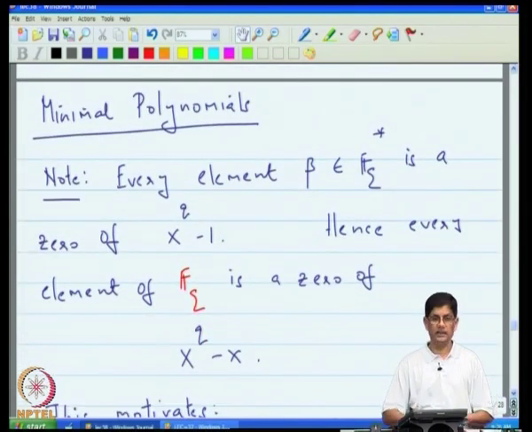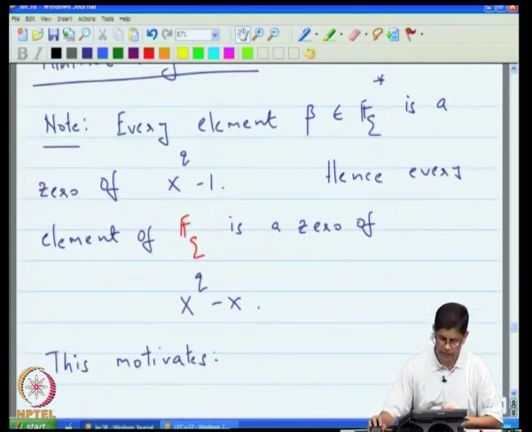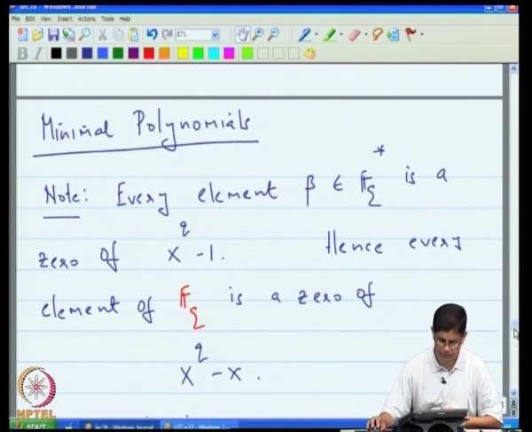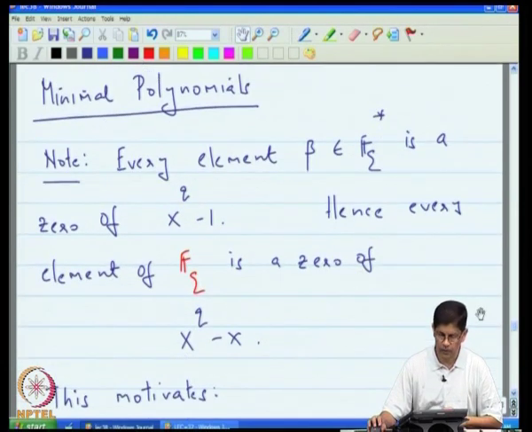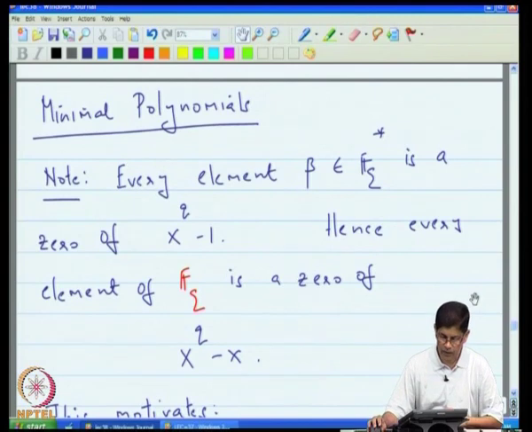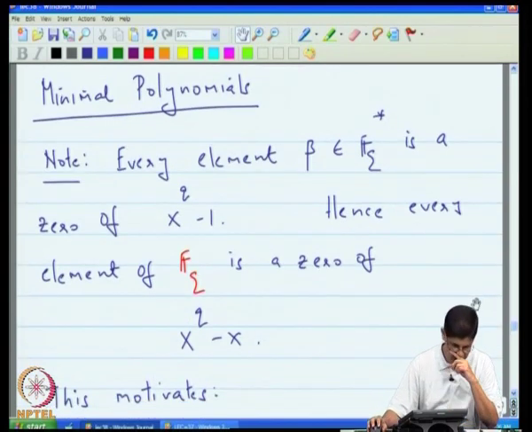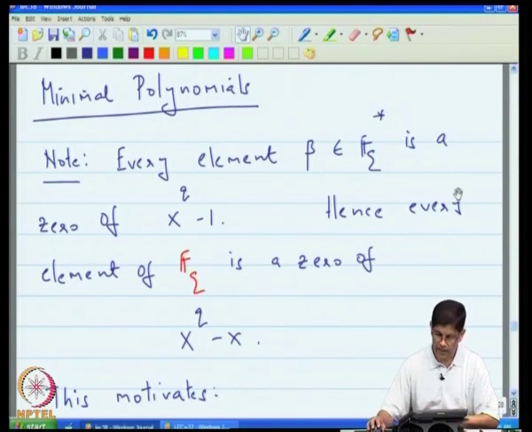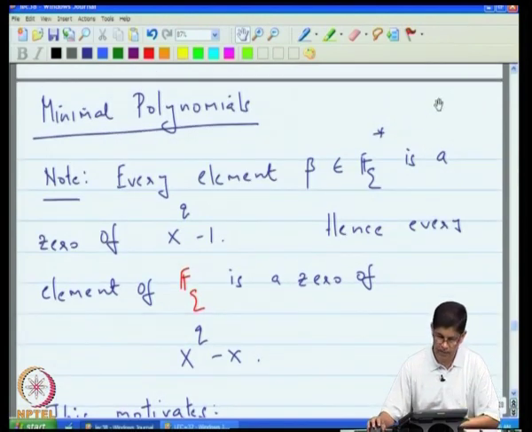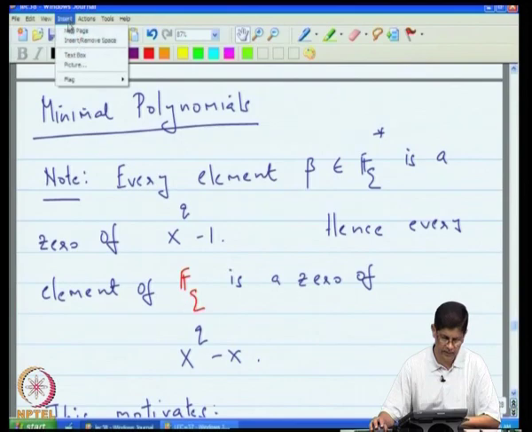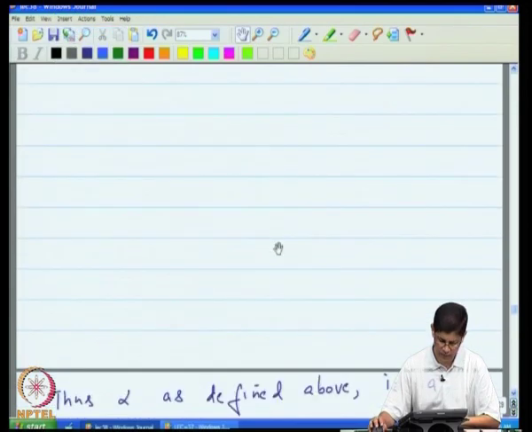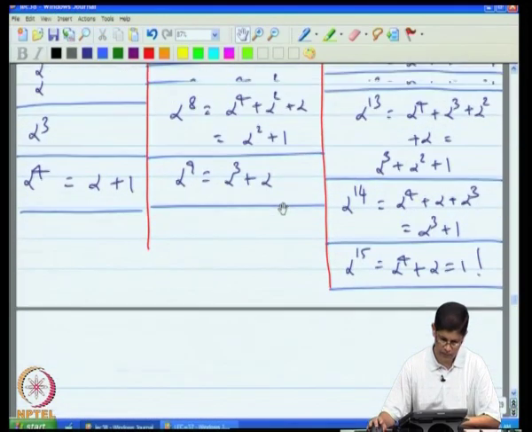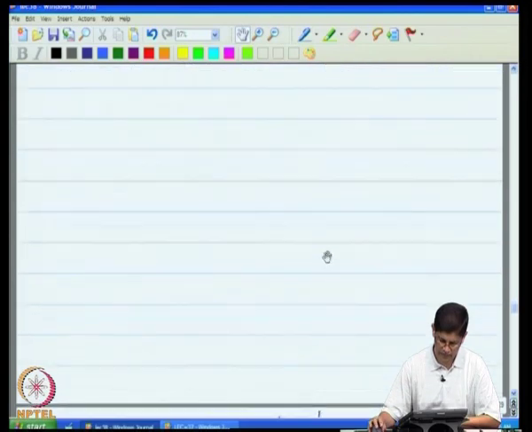Next, now that we have built up this simple picture of the non-zero elements in the field, we want to build up to a different picture. Maybe what I will do, to motivate this, is introduce a page here.